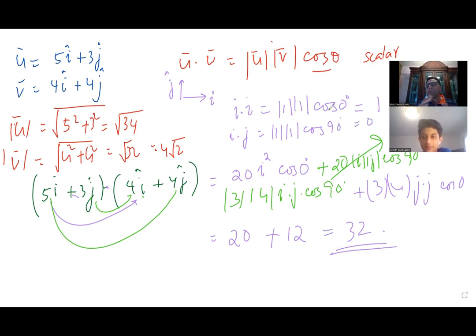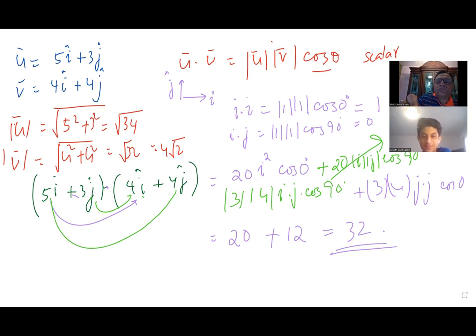So when the dot product of the i and j components is concerned, the effect is 0. It is like pushing a ball: there is no work done, it doesn't move.